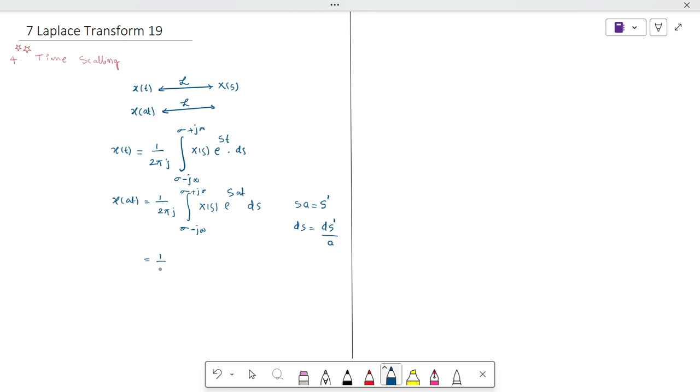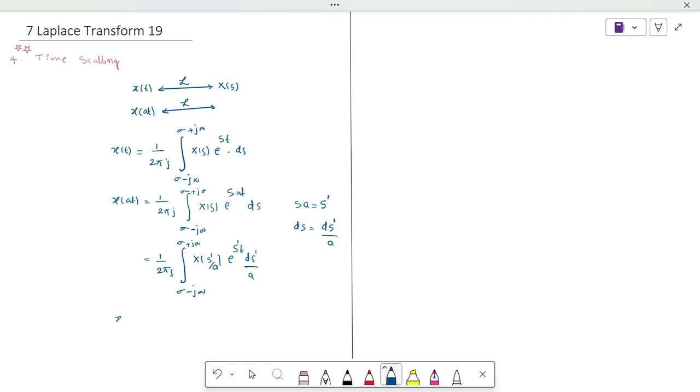Now 1 by 2 pi j, the integral from sigma minus j infinity to sigma plus j infinity of x of s, where s equals s dash by a, and e power s dash t, with ds equal to ds dash by a.